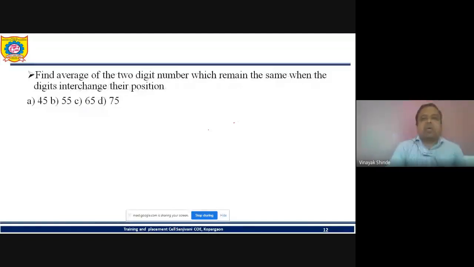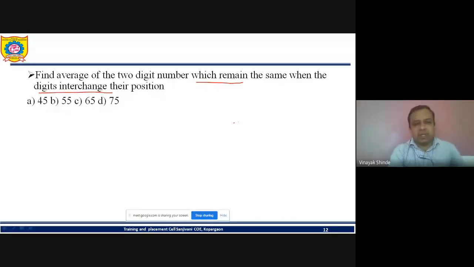Find the average of two-digit numbers which remain the same when the digits interchange their position.